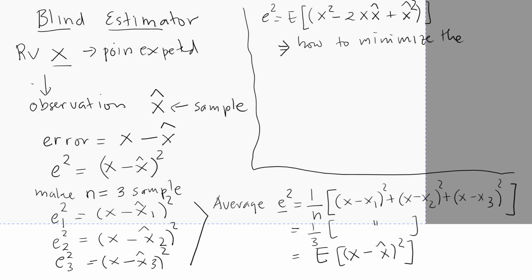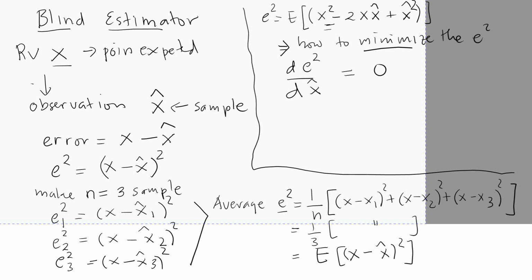Actually, we have to take the derivative of this with respect to x bar and set it equal to 0, right? This is a maximization or minimization? Yes, minimization. So we take the first derivative.